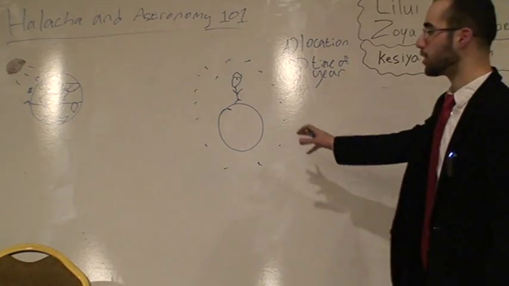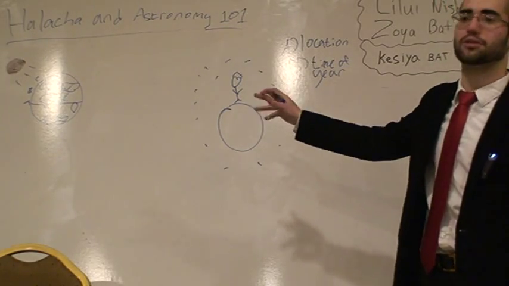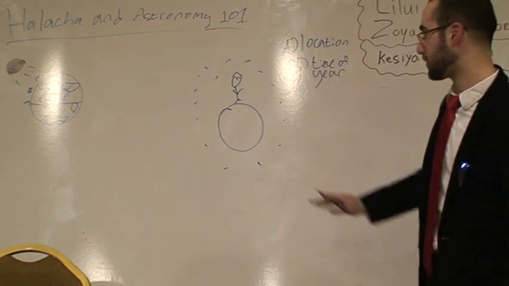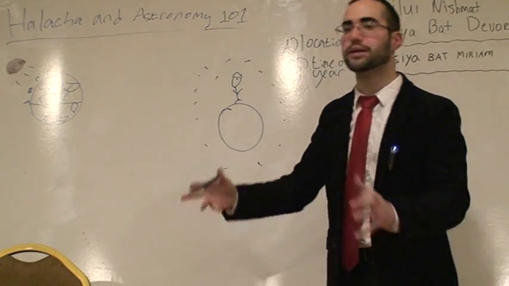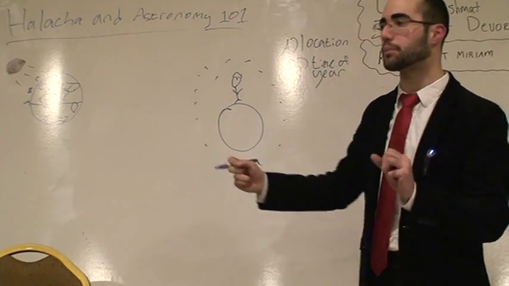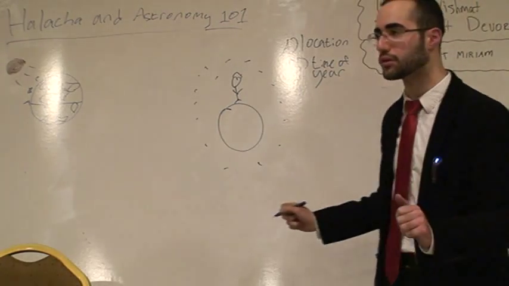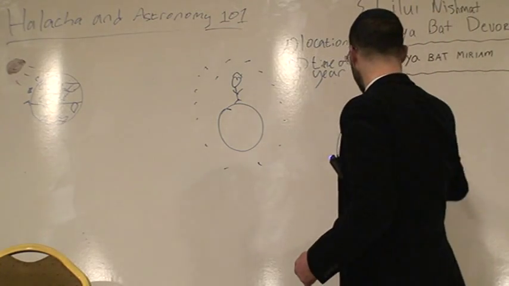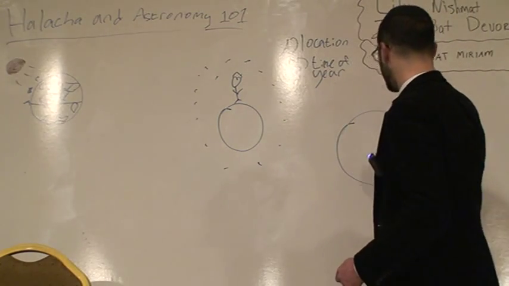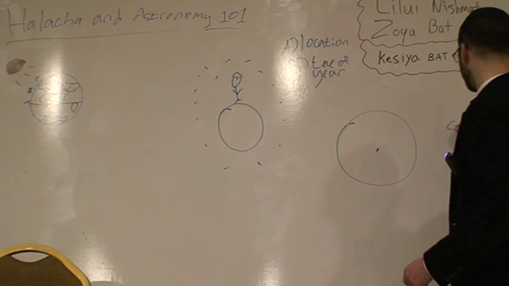So if we say that the earth is the center of the world, therefore everything else is surrounding it, and we can make a globe out of it showing the positions of all the stars relative to the earth in a sphere. What we call this is a celestial sphere.